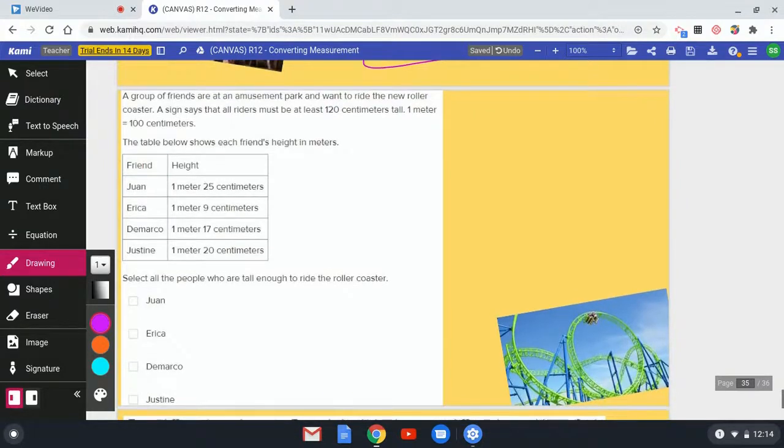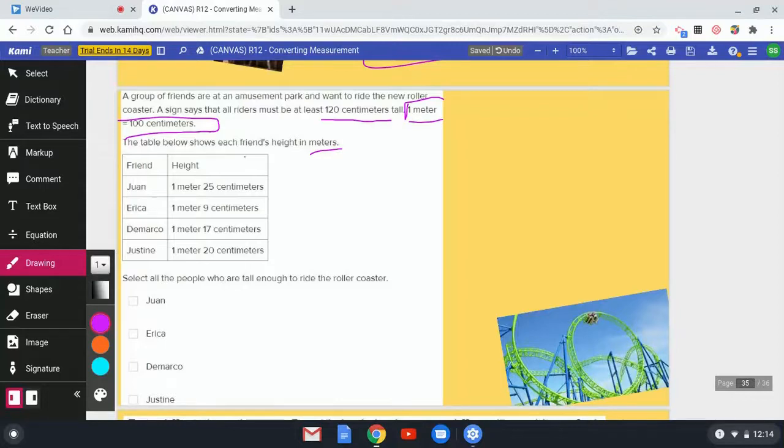A group of friends are at an amusement park and want to ride the new roller coaster. A sign says that all riders must be 120 centimeters tall. 1 meter equals 100 centimeters. That's going to help us. The table below shows each friend's height in meters. Well, we have to have them all in the same to compare, right?